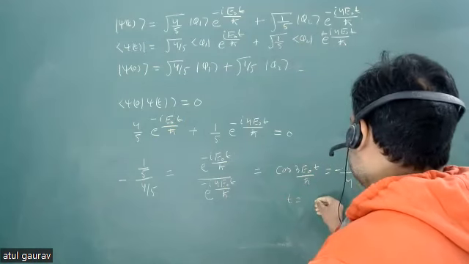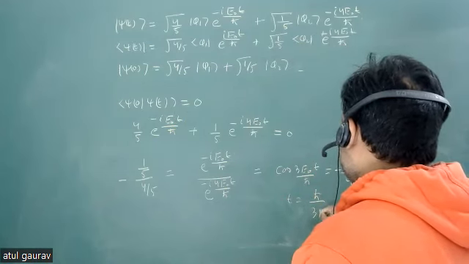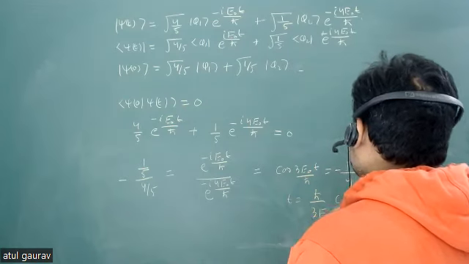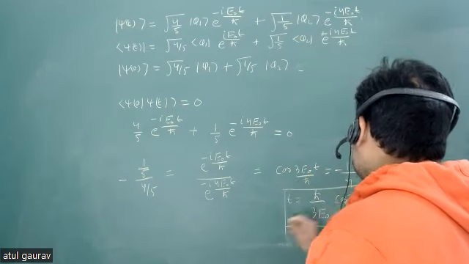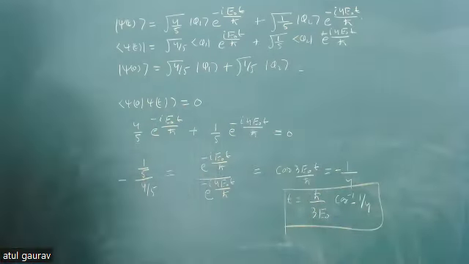So T is equal to, you have H cut upon 3 E naught cos inverse 1 by 4 with the negative sign. ठीक है?